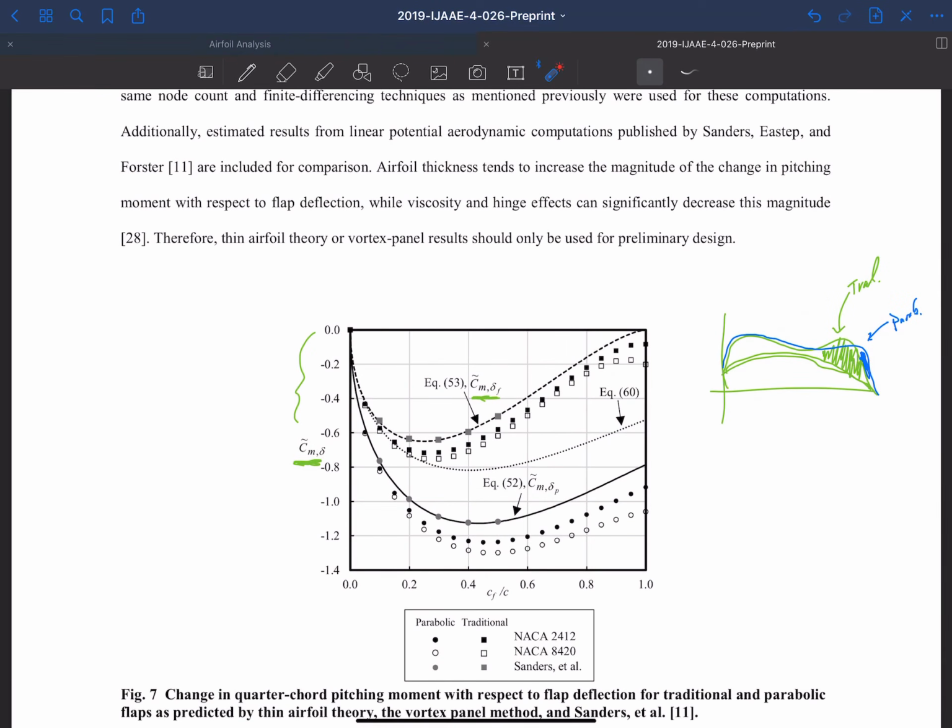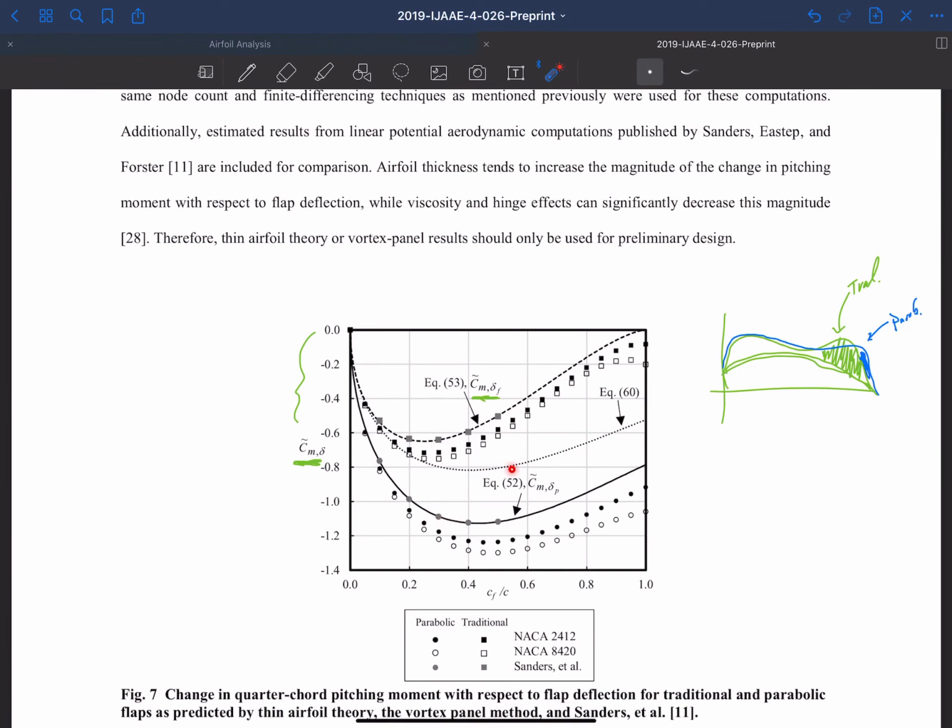So remember, we are getting a much lower or more negative pitching moment for the parabolic flap per degree of deflection than we were for the traditional. Well, if we only require the parabolic flap to deflect sufficiently to give us the same delta in lift as the traditional flap, then it creates a much lower or more benign pitching moment than it would if you're looking at per degree.